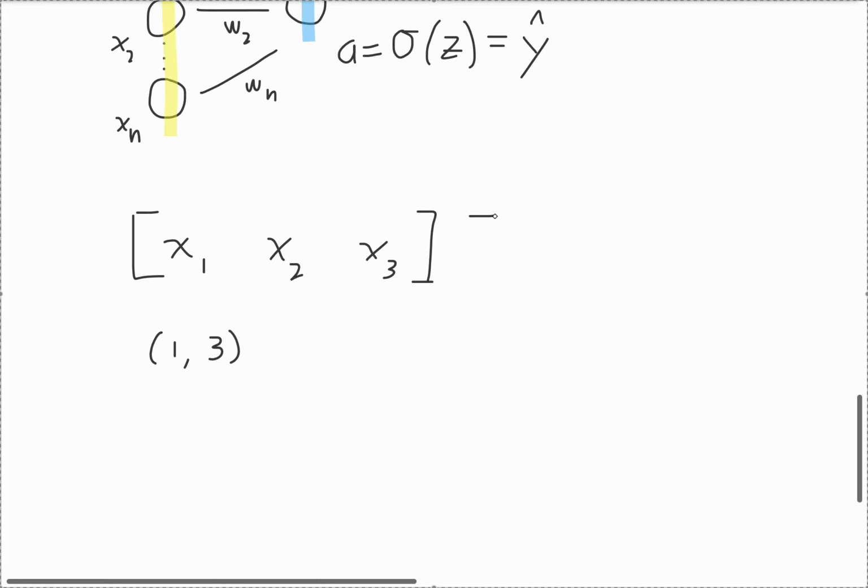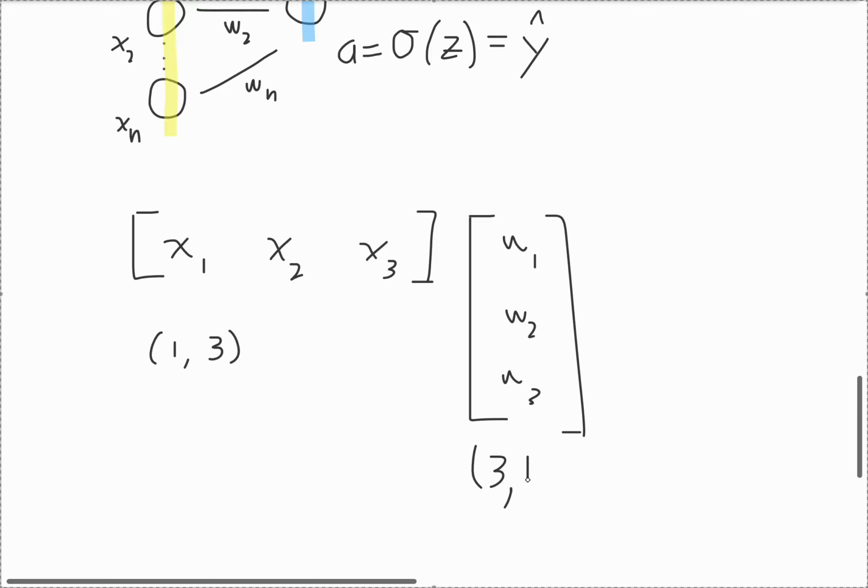So I will organize my 3 weights into a matrix with dimensions 3 rows and 1 column. Here's all my weights, 3, 1.